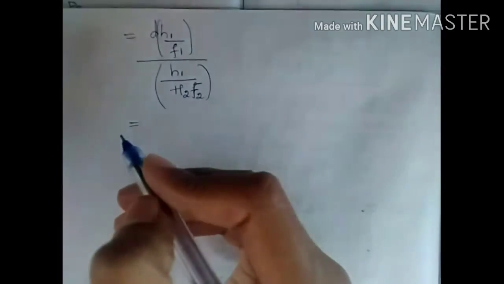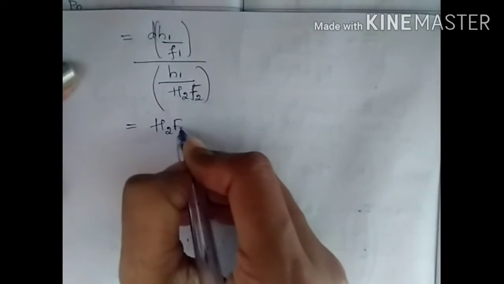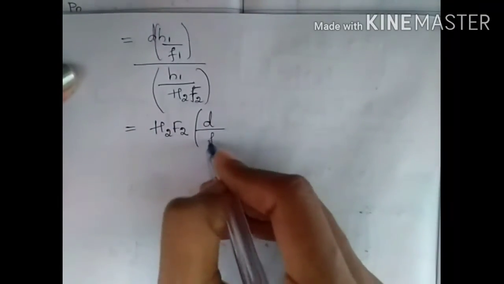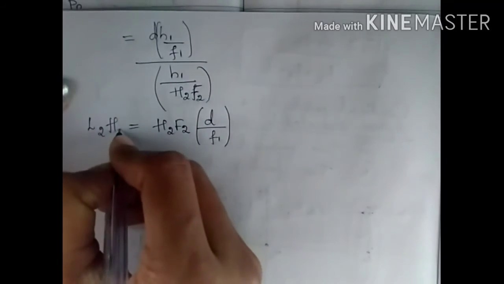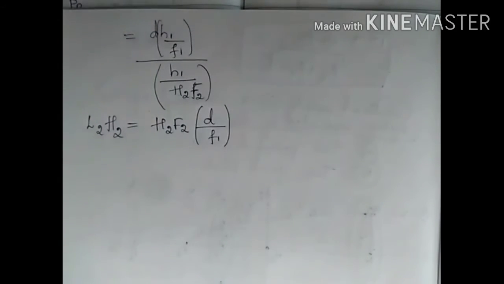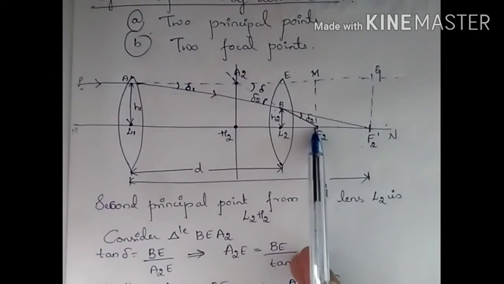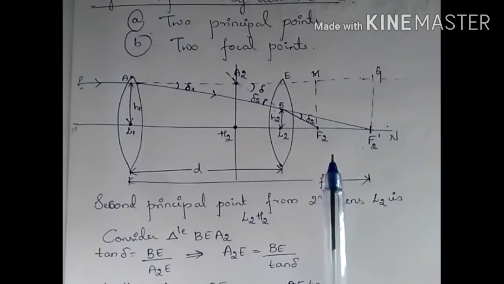So if you rewrite this equation by cancelling the terms which are cancelable, h1 goes off, and you will get H2F2 multiplied by d by F1. So L2H2 is equal to H2F2 multiplied by d by F1. But H2F2 is known as the focal length of the equivalent lens. If you observe the figure, H2F2 can be given as the equivalent focal length for the lens.